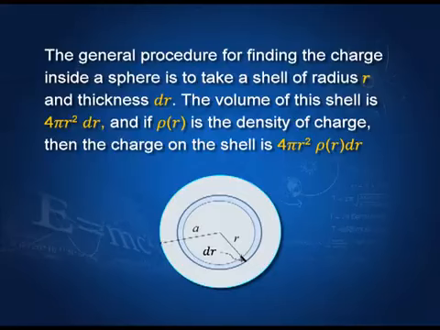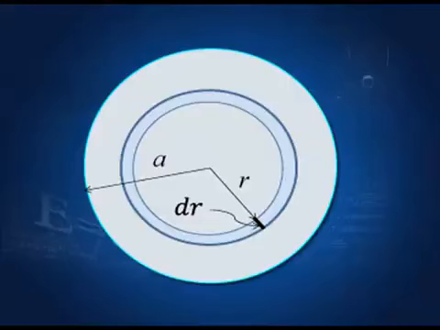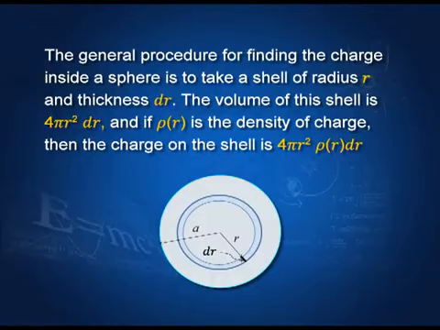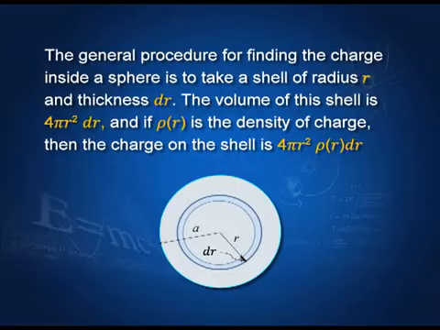Now, the general procedure for finding the charge inside a sphere is to take a shell of radius r. I have told you already 4 pi by 3 r cubed, but let us prove it. We draw two shells of radius r and thickness dr. The surface area of the inner shell is 4 pi r squared, and the thickness of the shell is dr. Therefore, the volume is 4 pi r squared times dr. If rho is the charge density, then the charge in this shell is 4 pi r squared rho dr, and the total charge is just the integral of that from 0 to a.